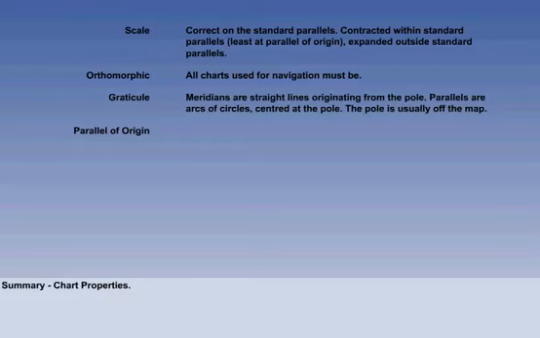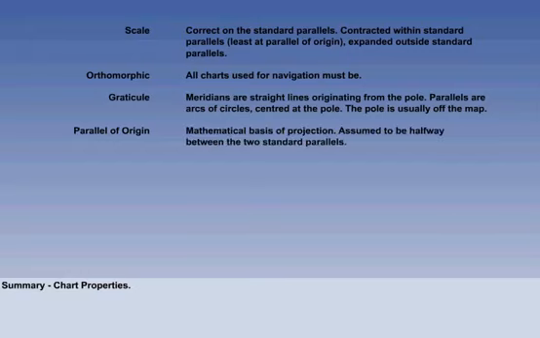The parallel of origin determines the chart convergence. It is the mathematical basis of the projection. It is assumed to be halfway between the two standard parallels. We say assumed because we use this as a given fact for all exam calculations.